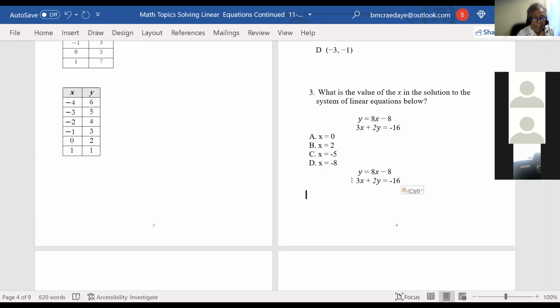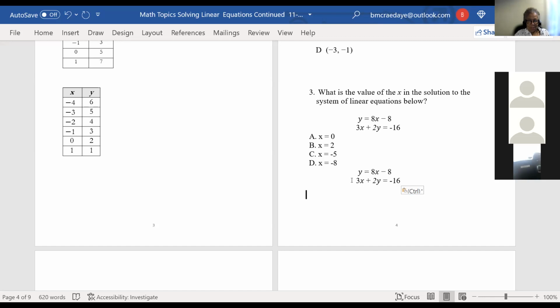Yes. And what is the value of X? Yes. So you have to do both of them.